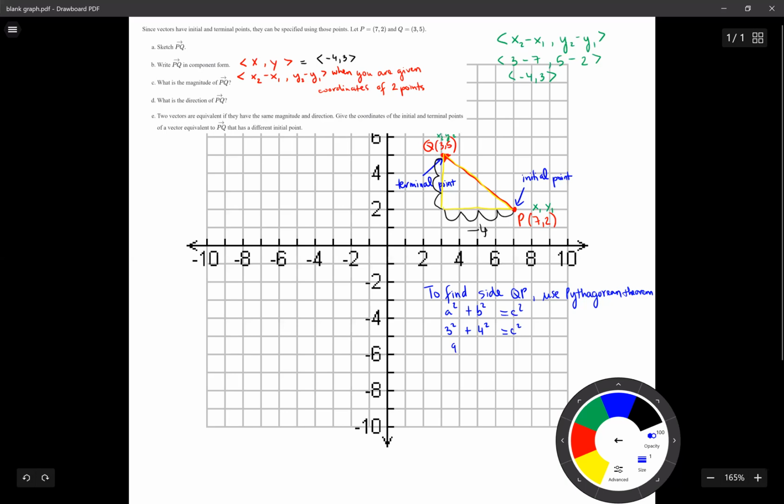We have 9 plus 16 equals c squared, 25 equals c squared. We take the square root, so c equals 5. Hopefully everyone gets the same thing using the same method.